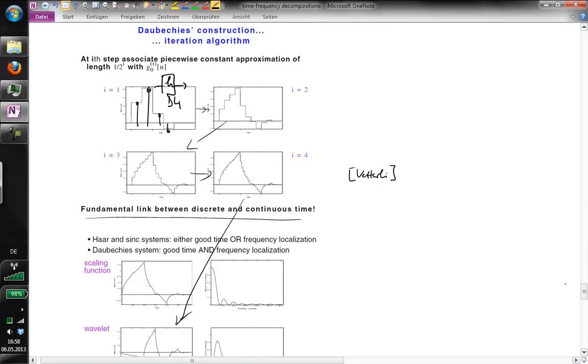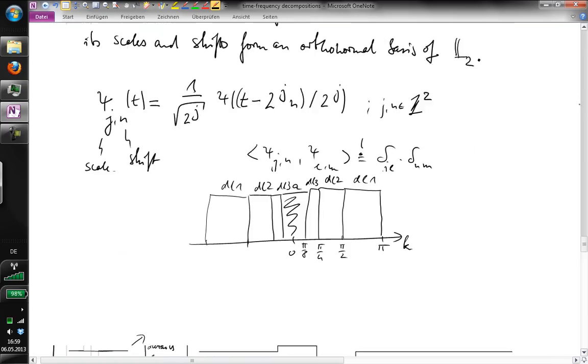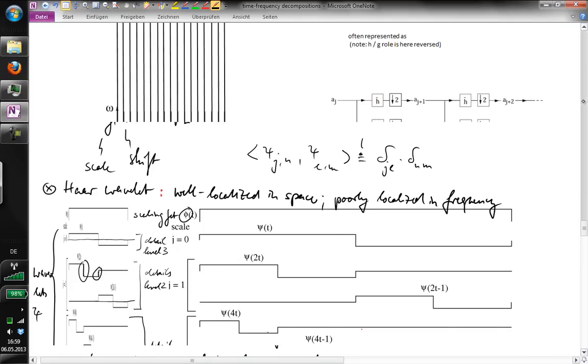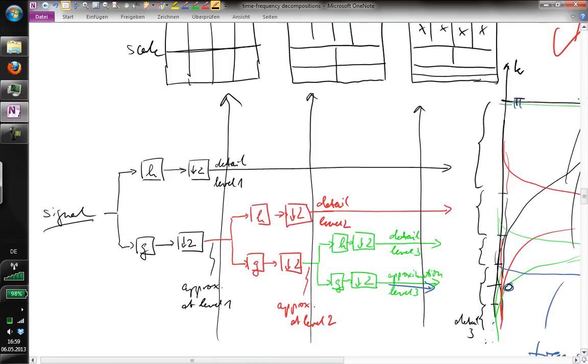Given a signal, you take a wavelet like this one or like a Haar wavelet and say this is H. And then you need the corresponding scaling function G. And then you really follow this tree that I've drawn.